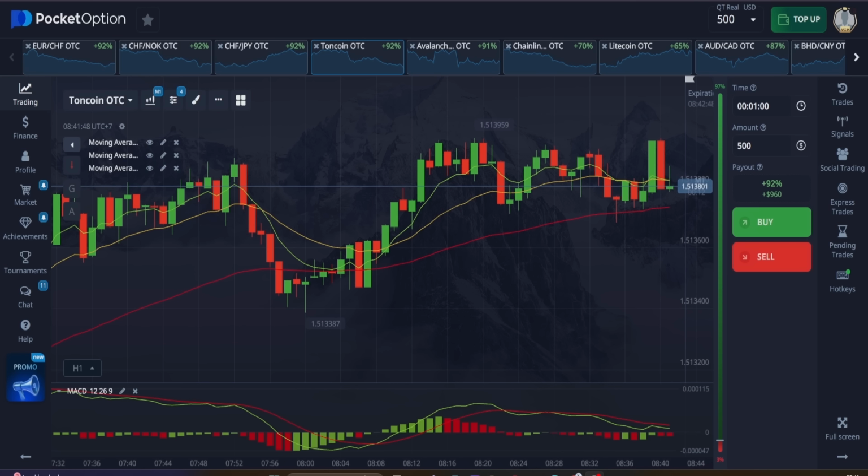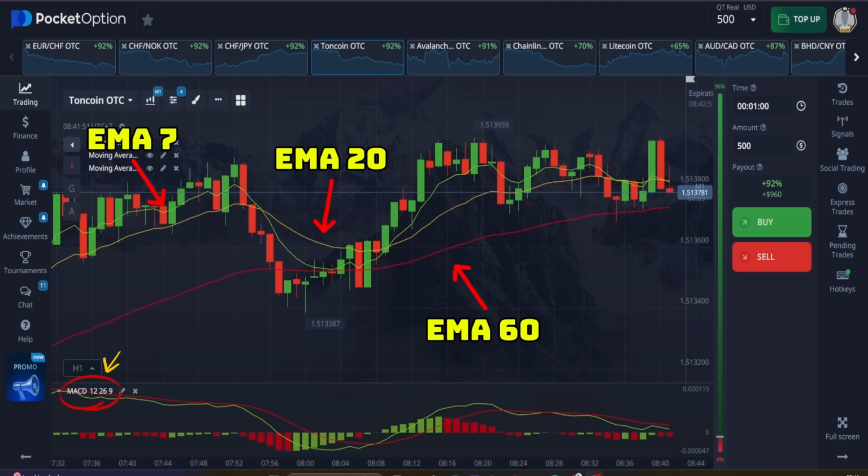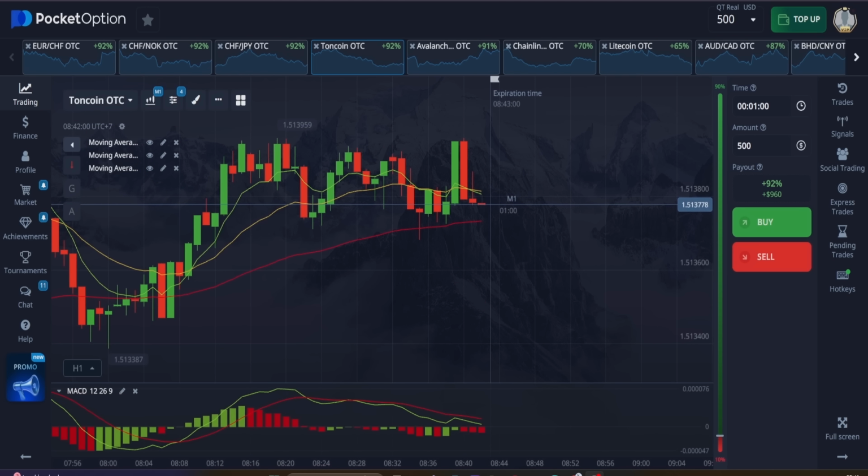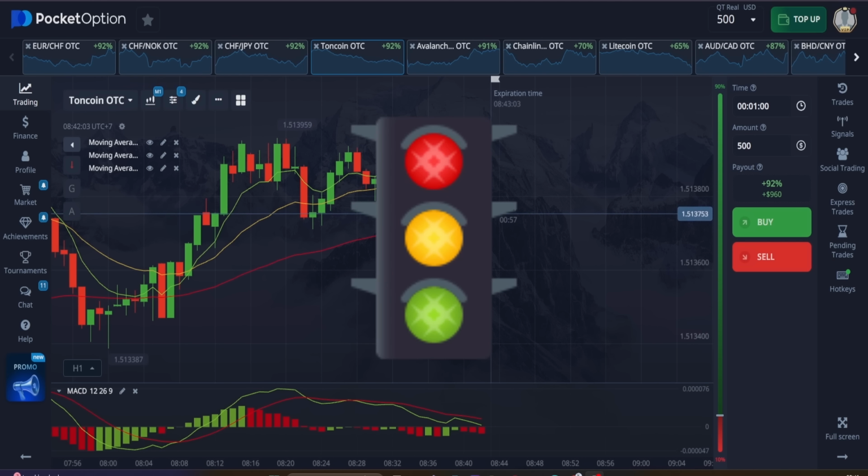The indicators used in this system consist of moving average 7 displayed in green, moving average 20 in yellow, moving average 60 in red, along with the MACD indicator using its default parameters. The foundation of this strategy is inspired by the concept of traffic lights.